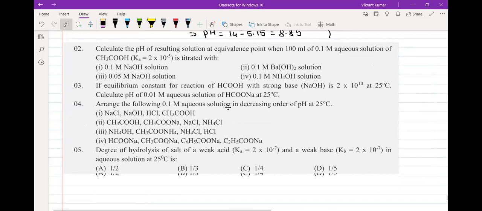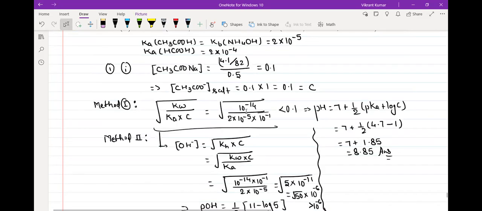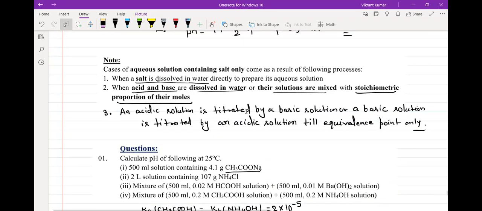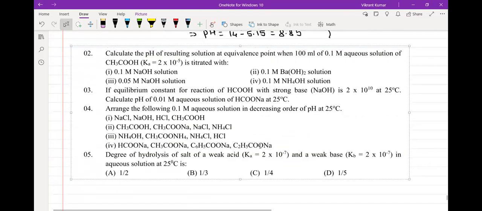I very smartly gave you only those where -1 and +1 charge was there. Acetate ion, formate ion, NH4 plus. I have not talked about anything like sulfide ion, carbonate ion, or any amphiprotic ion. So we will study the hydrolysis case of those also.